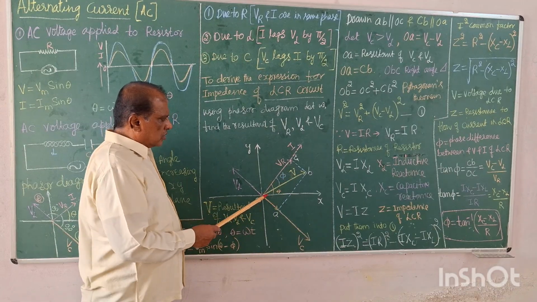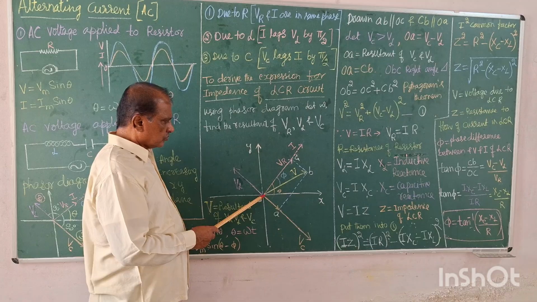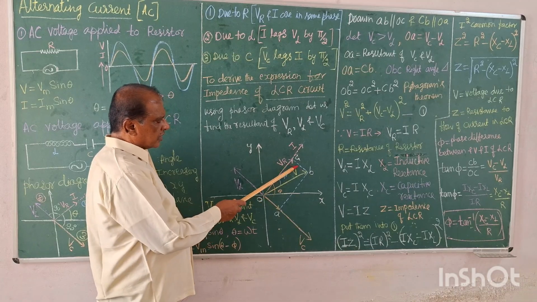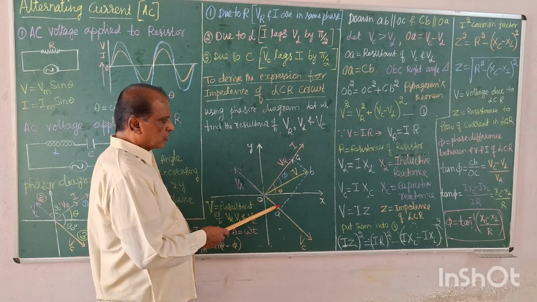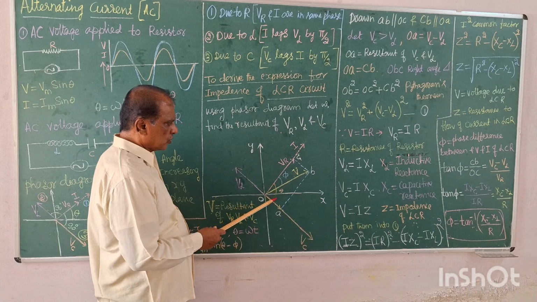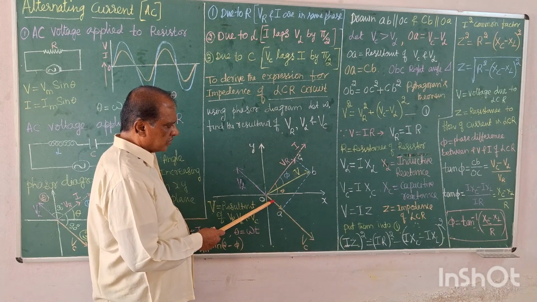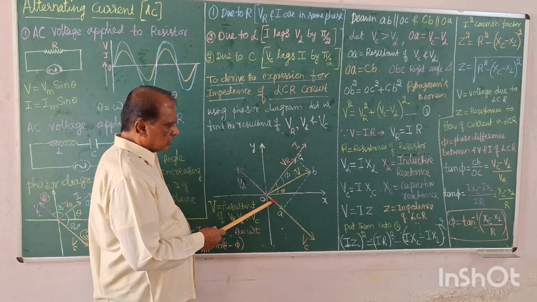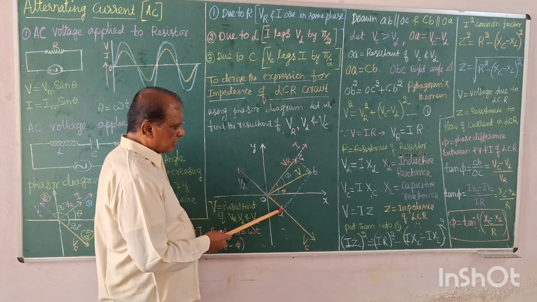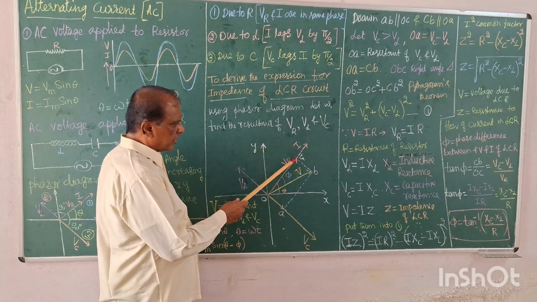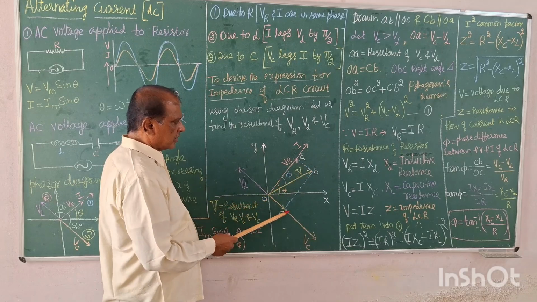In this diagram, using a rectangle, we can find the resultant, because these two vectors differ by pi by 2. So when you draw a parallel line from this point and meet here, we get a rectangle.